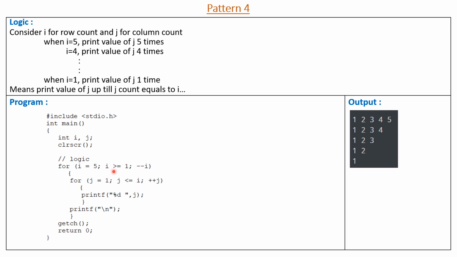I simply wrote the condition i greater than or equal to 1. In this for loop, I have printed the value of j, and I compared the value of j with i, means j less than or equal to i, and here I get this output.